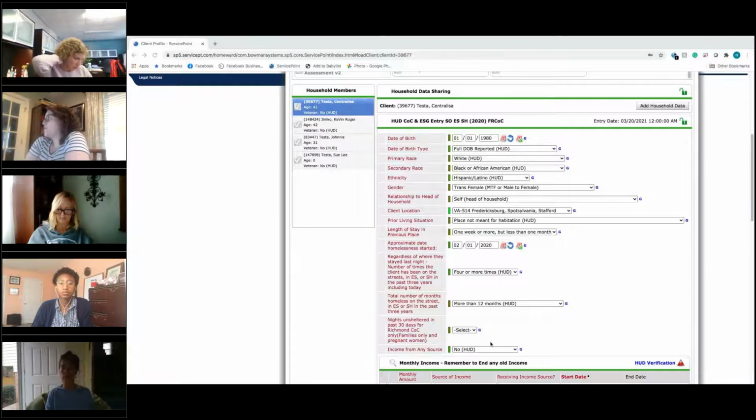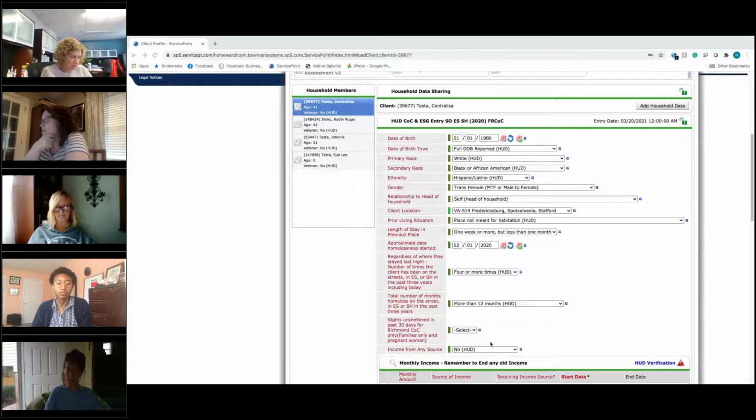And then you're also going to use your episode timeline to count the number of times that someone has been homeless. So how many episodes have they had in the last 3 years, including this one? And then the final one is the number of months. If I added up how many months each episode were, how much do I get?